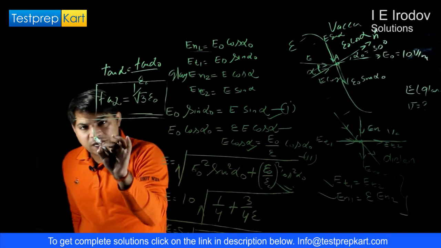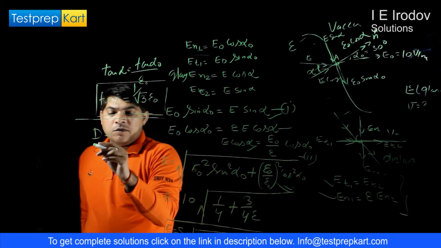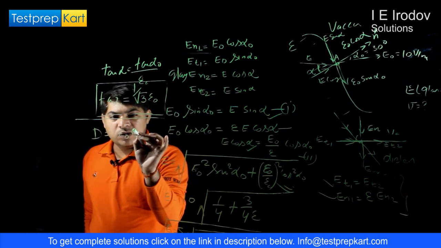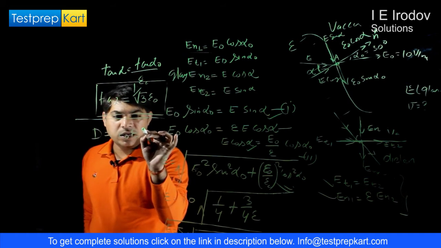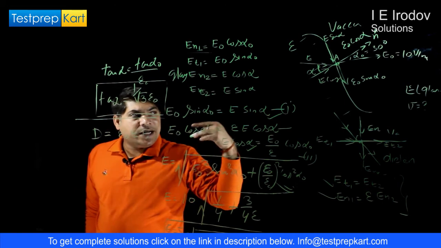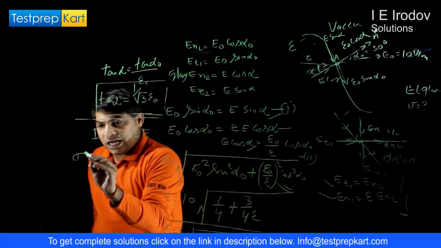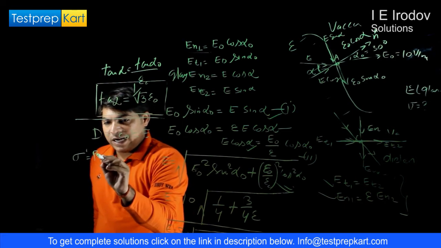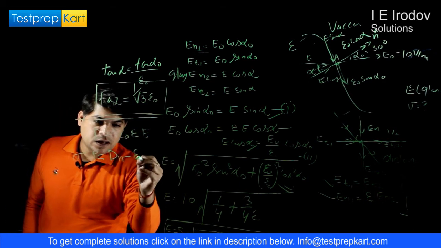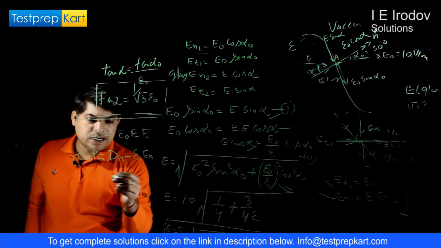We know that the electric displacement D is equal to epsilon naught into epsilon into E. The bound charge generated in a dielectric due to polarization has a surface density equal to the polarization, which is equal to Dn minus epsilon naught En.